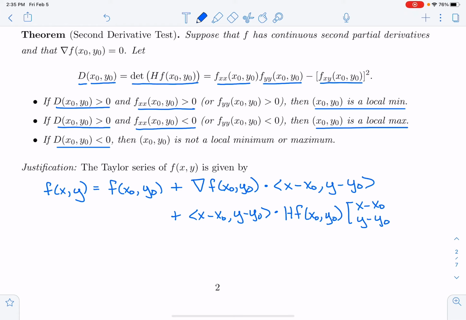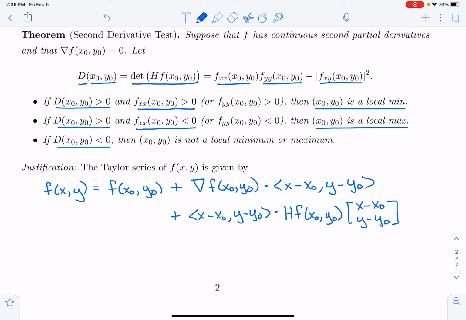You need to know a little bit about matrix multiplication to see why that works, but that is the next term in the series. You're just going to have to take my word for it.